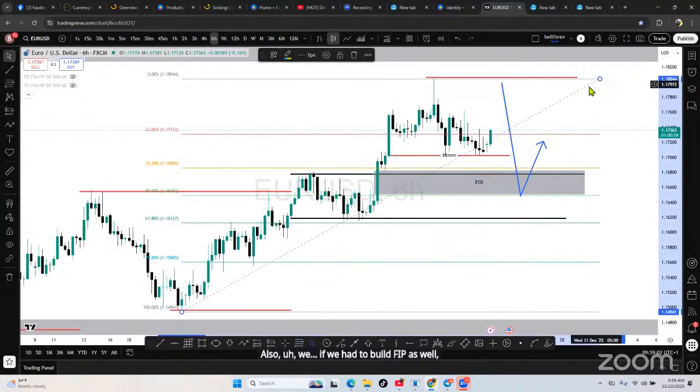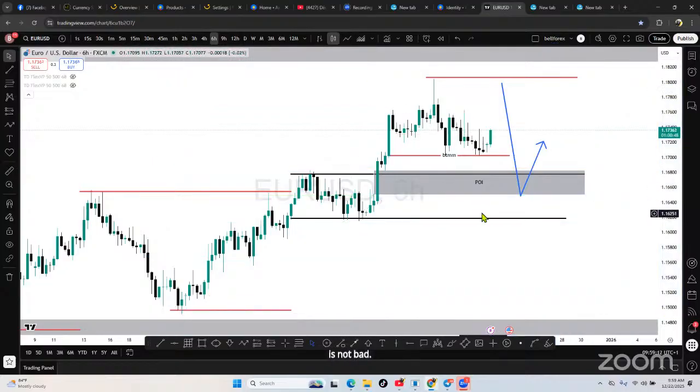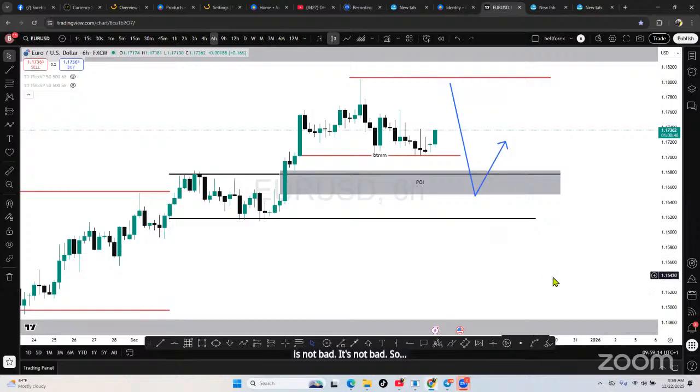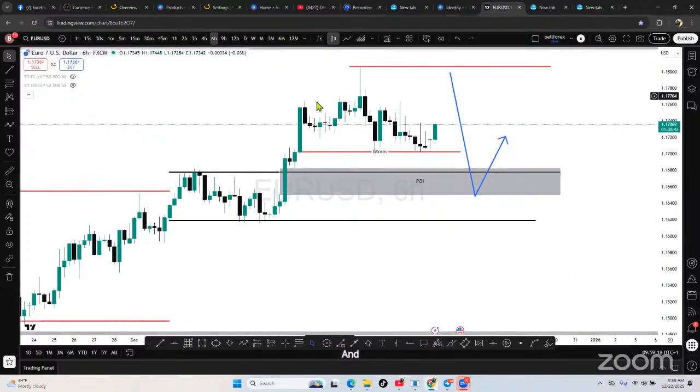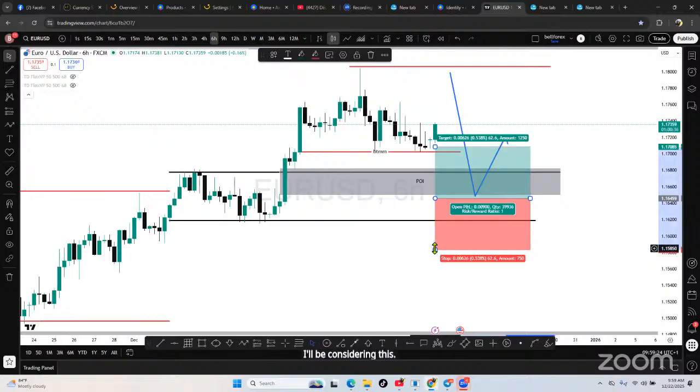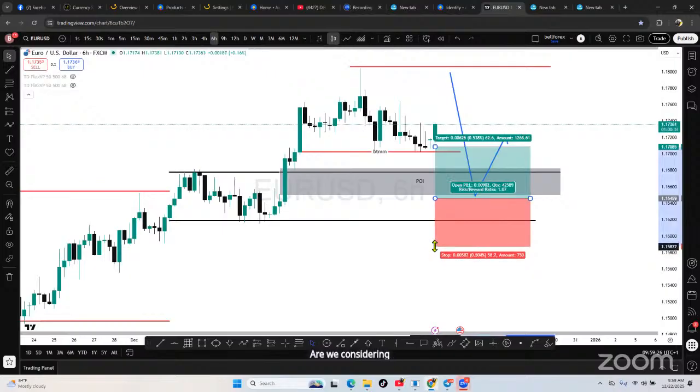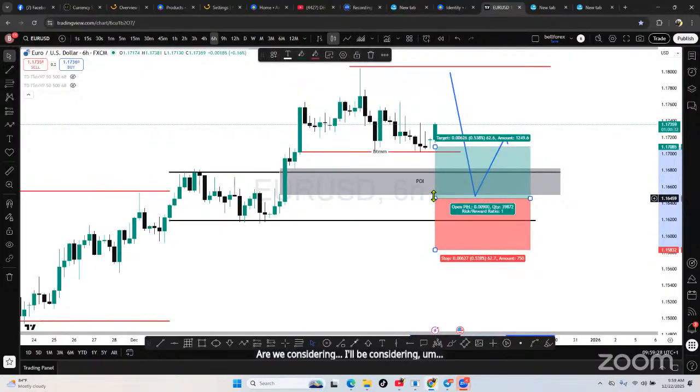So now it means that if we are to put FIB as well, it is going to be landing us at around 60% FIB level. So within 50 and 61% is not bad. It's not bad. So if I'm to look for an entry zone and a stop loss area, then I'll be considering an entry here.